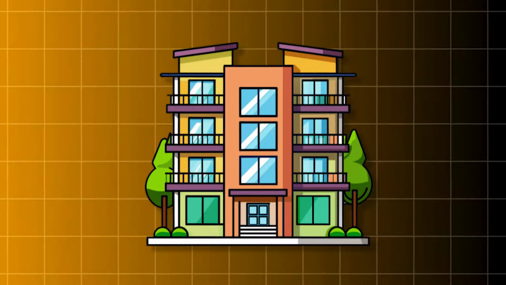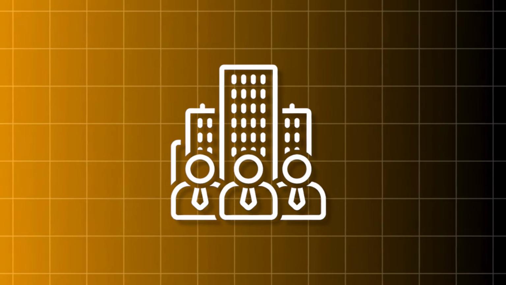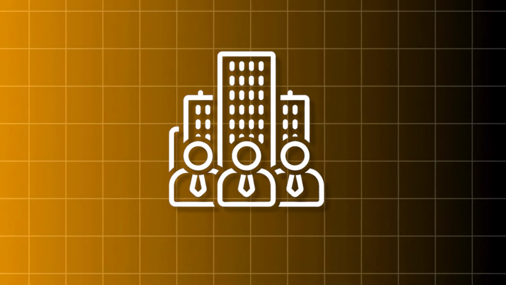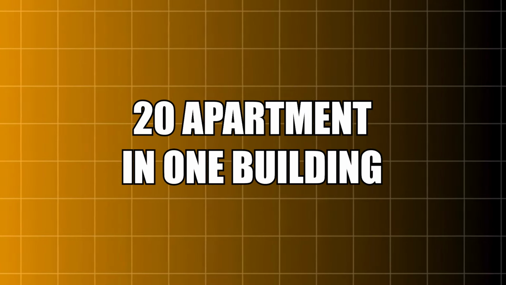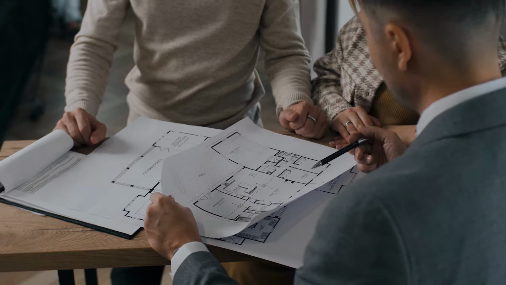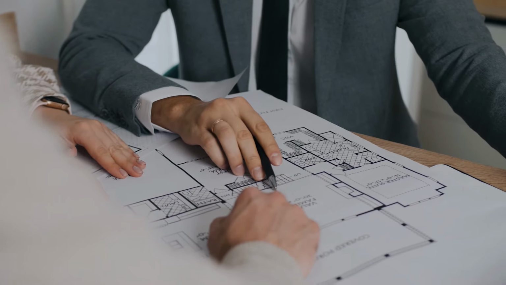Next, if you've got an apartment, because it's owned by the freeholder, they would employ a management company to manage the whole building, because you may have 5, 6, 7, in some instances even 20 apartments in one building. So the freeholder would employ a management agent, and those management agents look after the whole building, from the landscaping, the lights, the common areas, the lift, everything they look after.